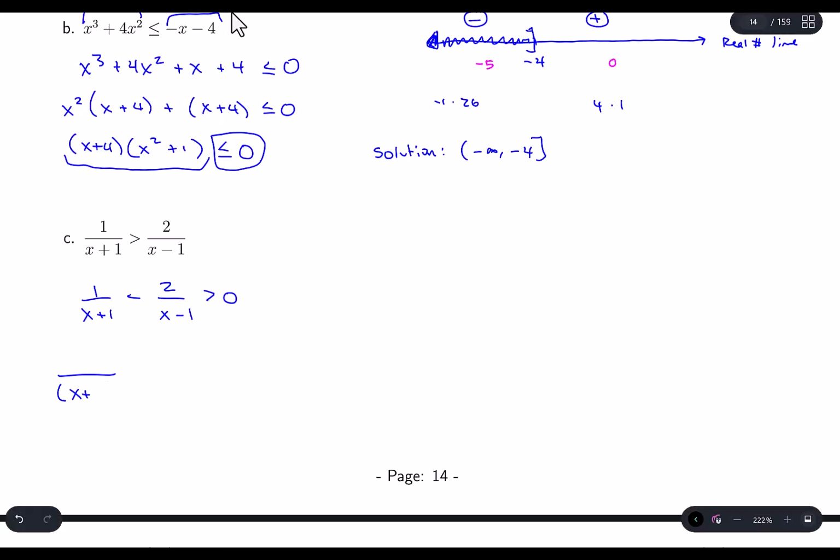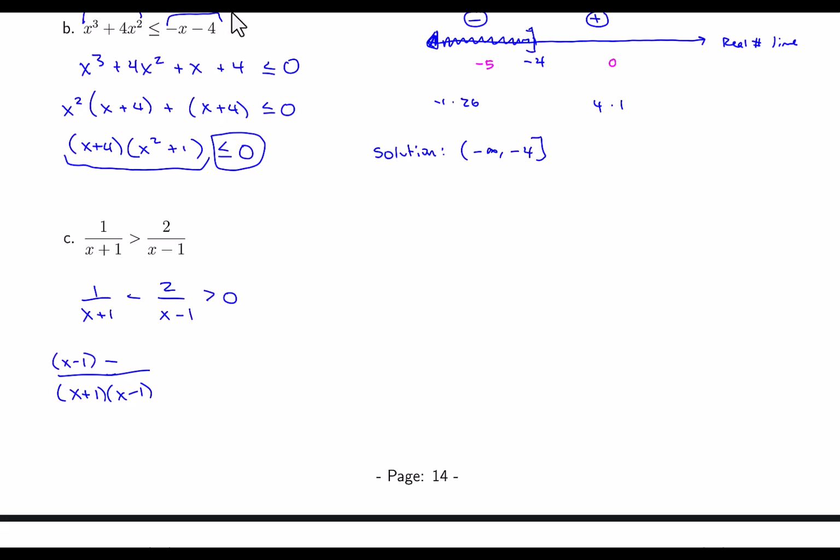For the first expression, in order to get it with the common denominator, I need to multiply the numerator by x minus 1, the other denominator. In the second expression, I need to multiply the numerator by x plus 1, so this will be 2 times x plus 1.